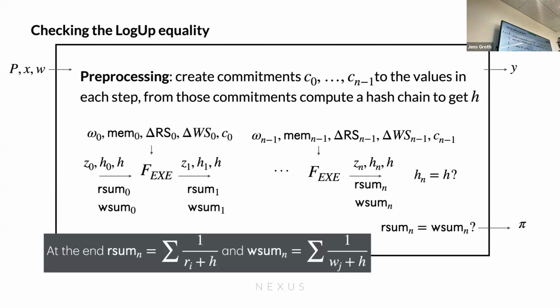You start with sums that are 0, the initial values, and then you do the lookup sums in each of these steps. At the very end, you have this sum and this sum, and you just need to check whether they are identical. If they are identical, you know that all the memory accesses are correct. So it's a distributed computation, the standard technique to prove memory consistency.